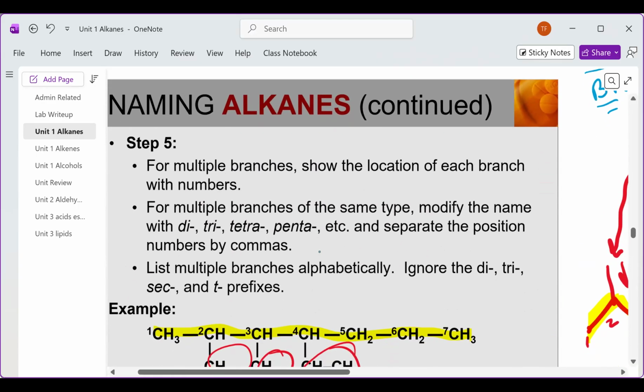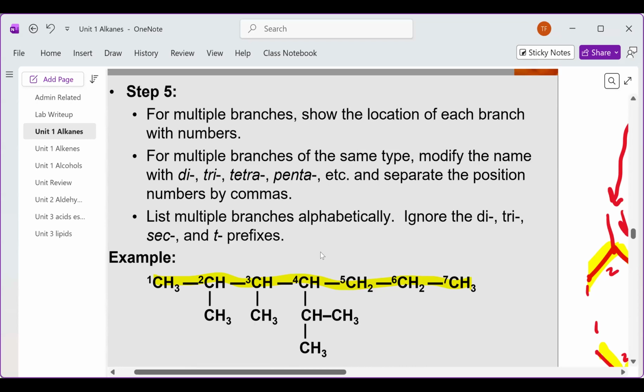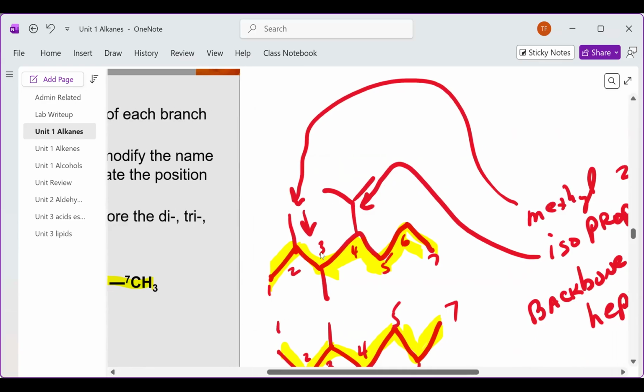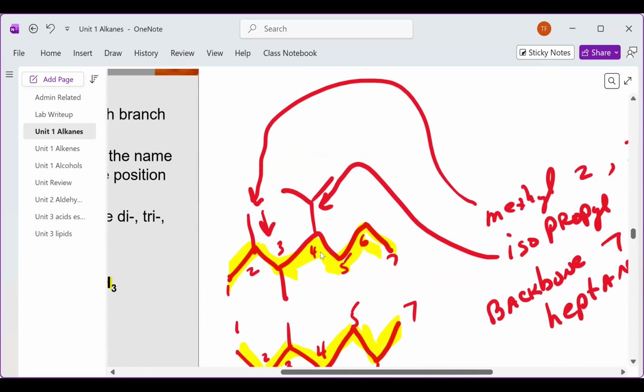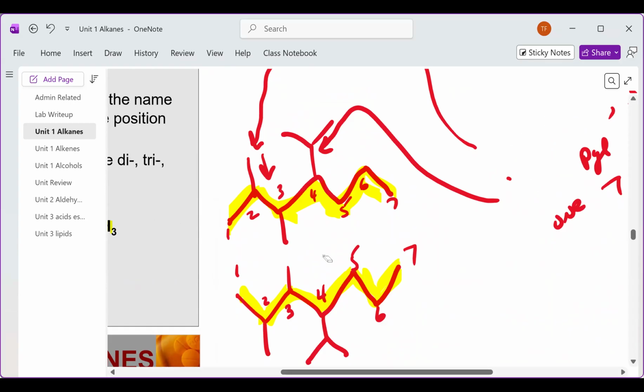All right, let's look at this guy. Now, this is going to be more complicated for two reasons. One, we've got more branches, and we have different types of branches. Okay, so if I was to do the line drawing, this is notes from last time.